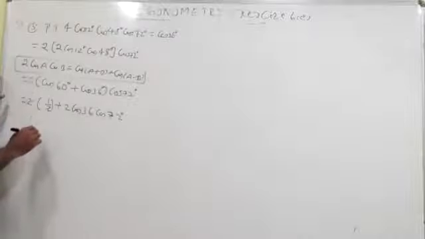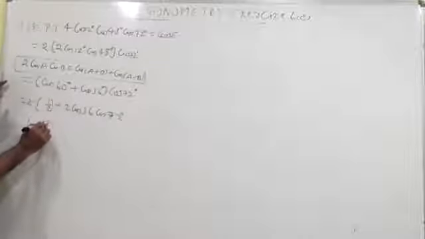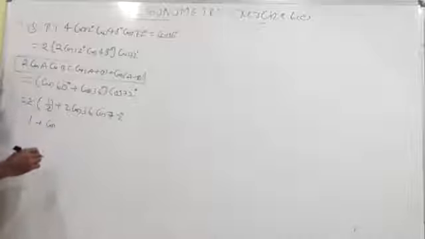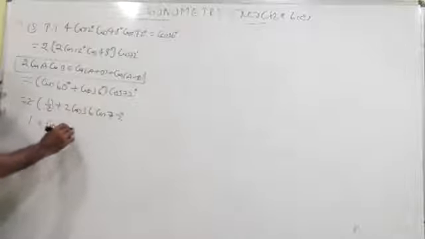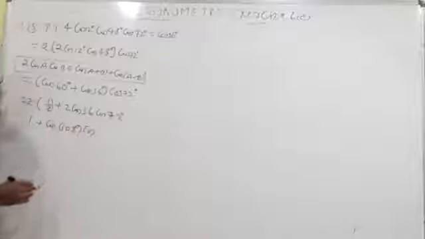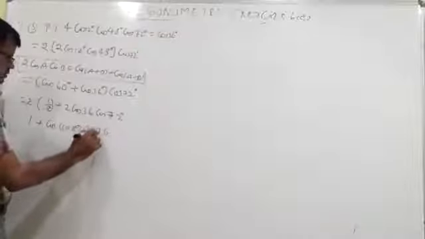Cos A plus B plus cos A minus B. Correct. Now again apply the formula 2 cos A cos B. Now cos 36 plus 72, 108, into cos 36 minus 72, 36.